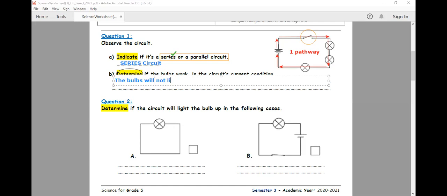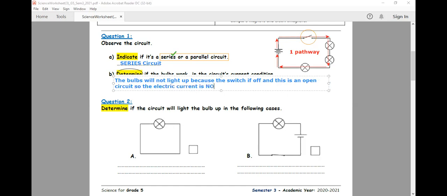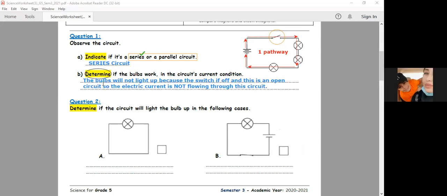So the circuit is an open circuit, and the electric current is not flowing through this circuit.